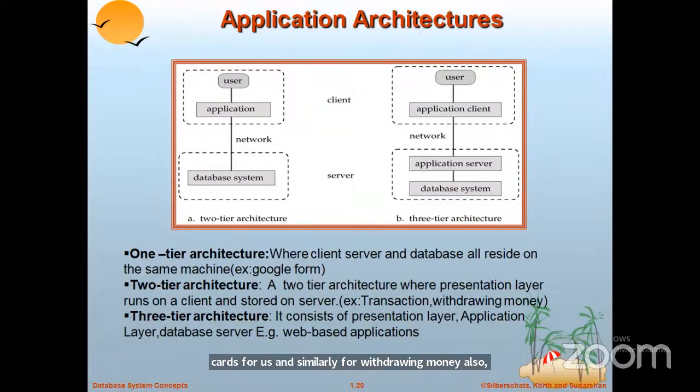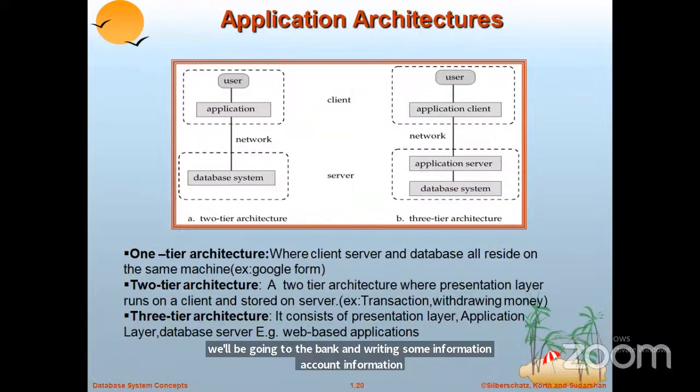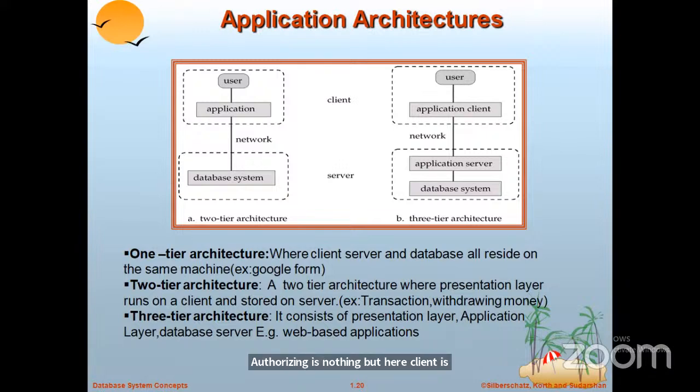Then only after authorizing, which is nothing but the client checking whether the given account number is correct or not, can he provide whatever we need. What is our need? Withdrawing the money. So here client and server requests will be there. Transactions, PhonePe transactions, GPay transactions.